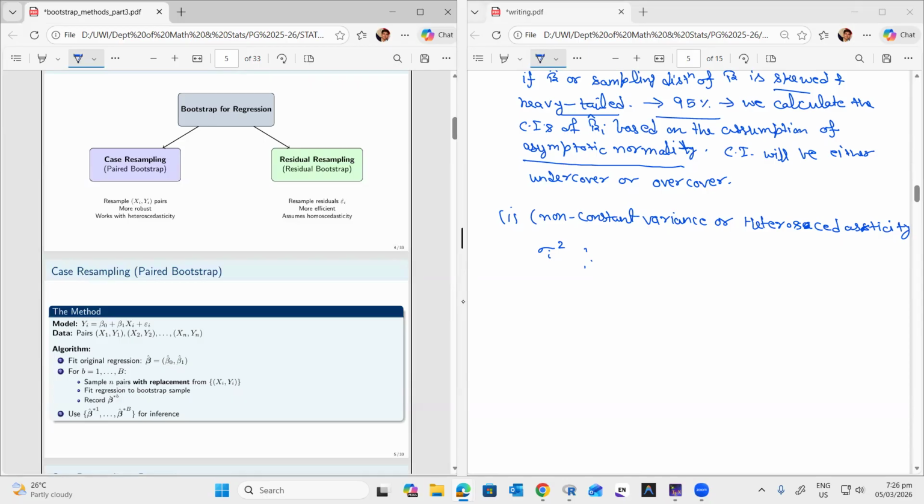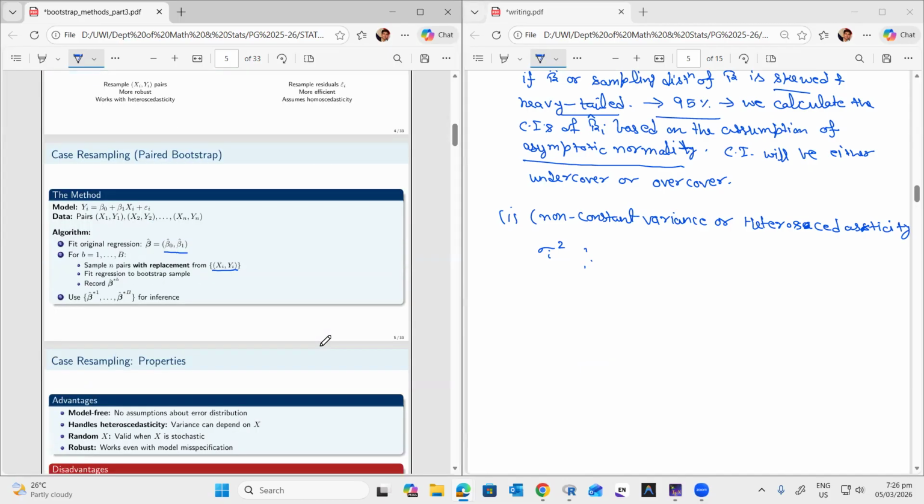We fit the original regression and compute beta naught cap and beta 1 cap. After that, we generate samples with replacement of the pairs (xi, yi), and we fit the regression model for each sample. At that time we compute beta cap star b for each sample, and we use beta cap star 1, beta cap star 2 up to beta cap star capital B to find our inferences.